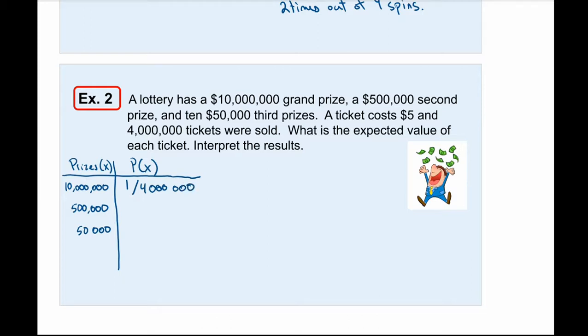For second prize, there's still only 1 out of 4 million. For third, there are 10 tickets out of 4 million. So those are the probabilities of each. We could go through and find the specific percentages or decimal values if we wanted to, but as long as we're looking through that, that's good.